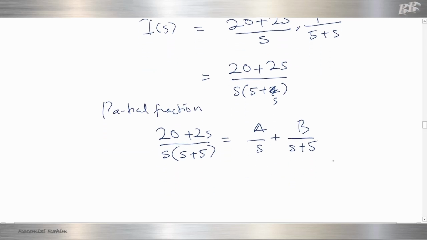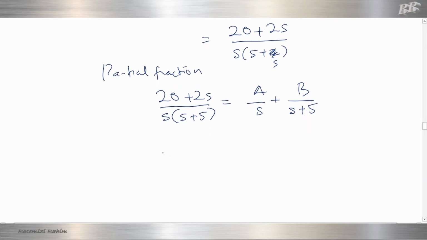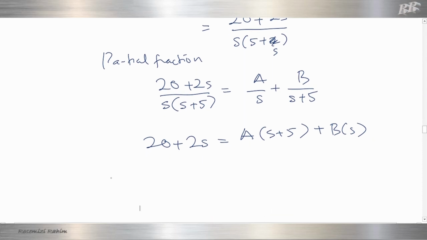Then by equating, we get 20 plus 2s equal to A(s plus 5) plus B s. Now setting s equal to 0: 20 plus 0 equal to A times 5 plus B times 0. So we get A equal to 4.